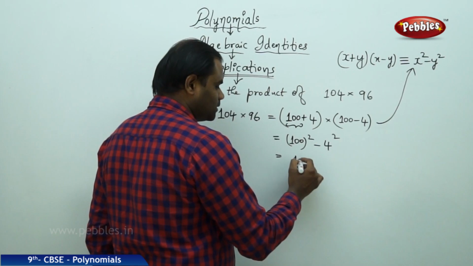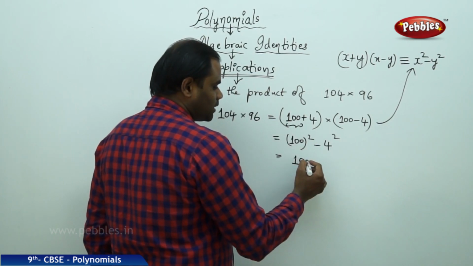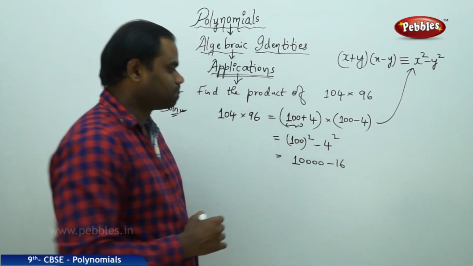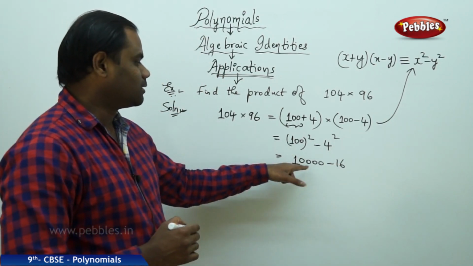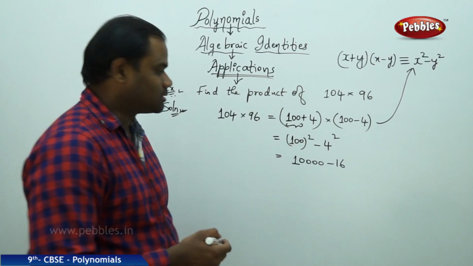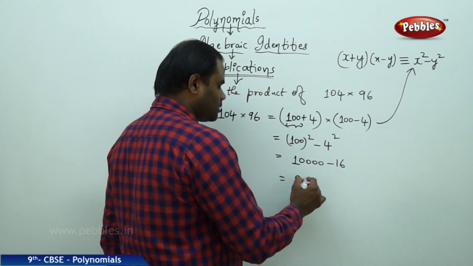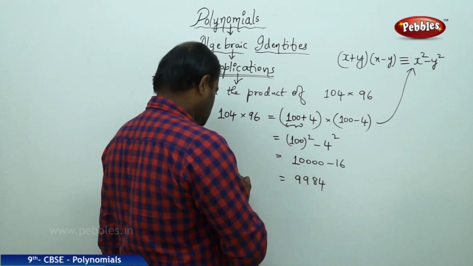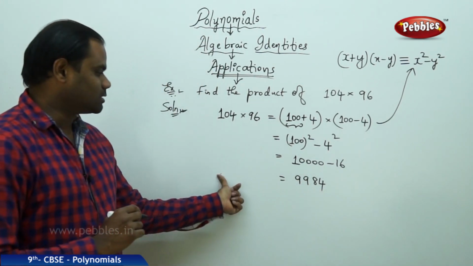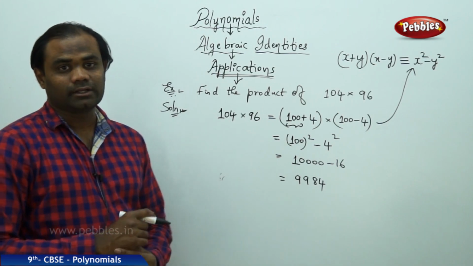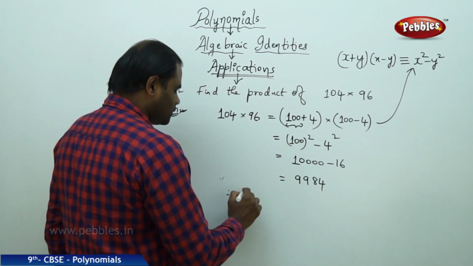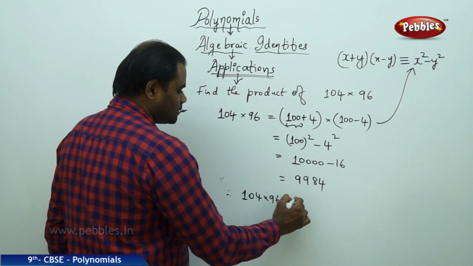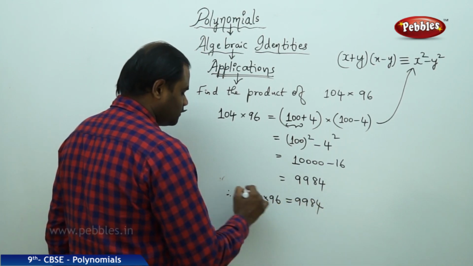And this comes out to be 100 square, which is 10,000, minus 16, which is 9984. Therefore, 104 times 96 is 9984.